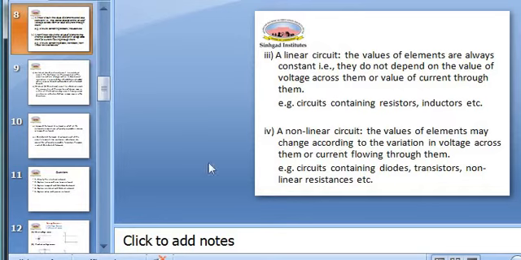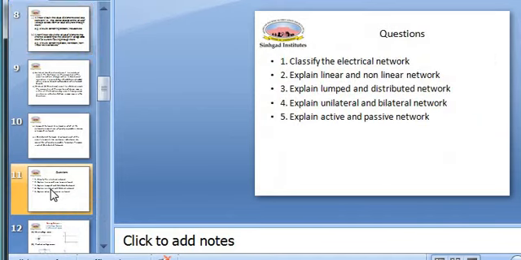These are the classification of electrical network. What kind of question is asked on this particular syllabus? Classify electrical network. When the question is asked for 4 marks, you are expected to classify the electrical network only. When specifically it is asked, explain, then you have to explain each one.